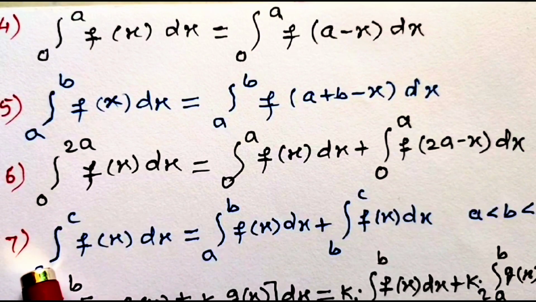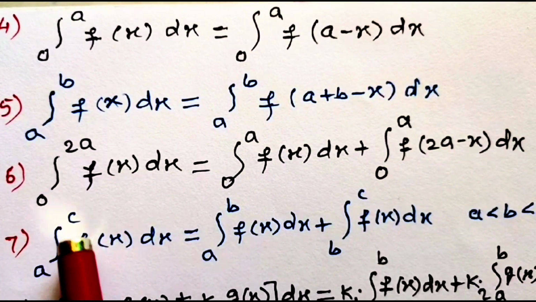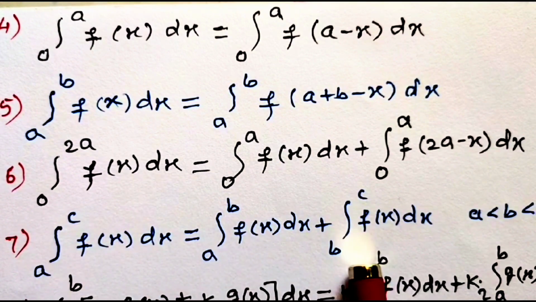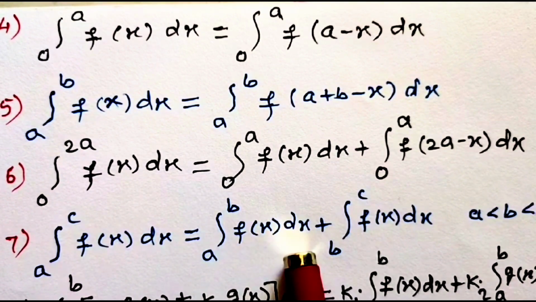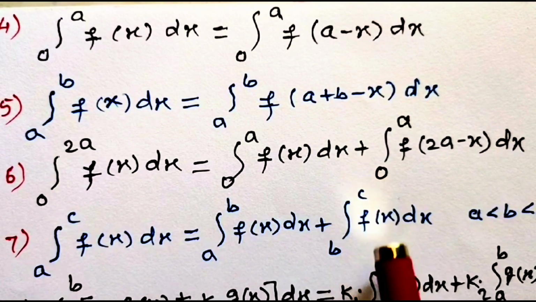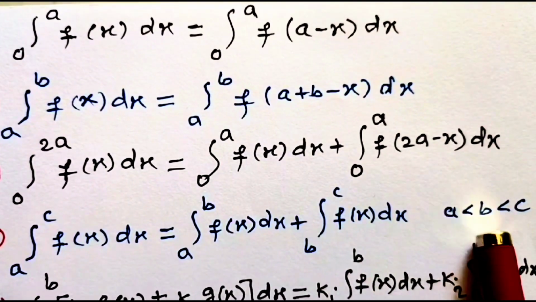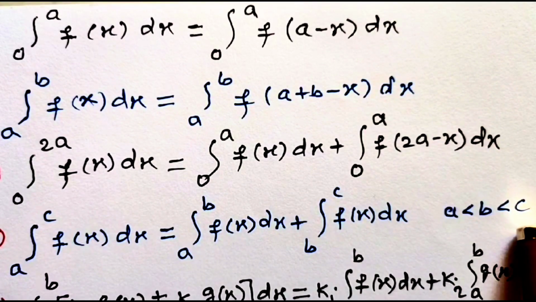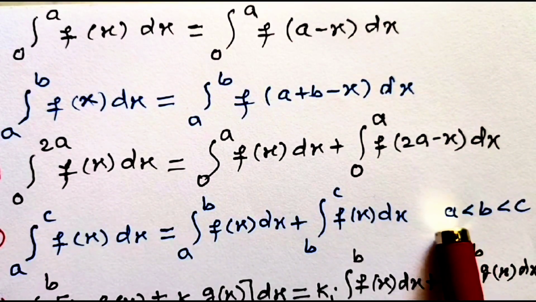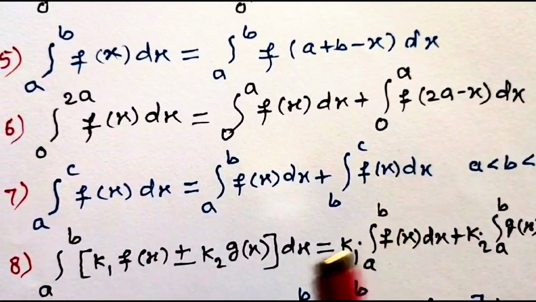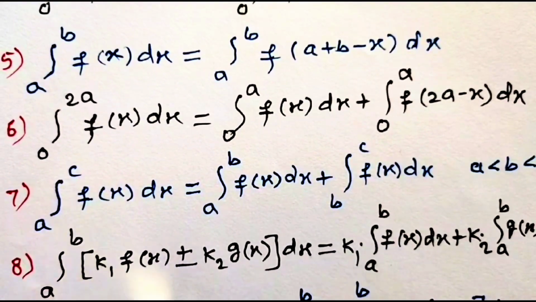Now property number 7 is the integral from a to c of f(x) dx is equal to, we can write, the sum of two integrals, the integral from a to b of f(x) dx plus the integral from b to c of f(x) dx, subject to the condition that a is less than b and b is less than c, meaning b lies between a and c. Then you can write like this. Okay, now property number 8, this is the linearity property.